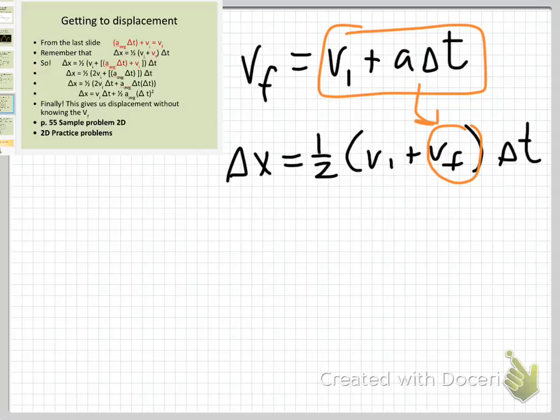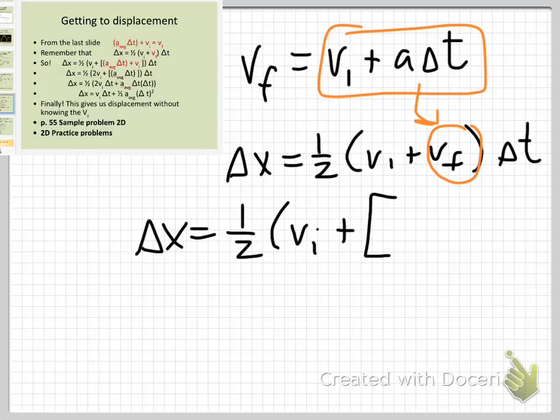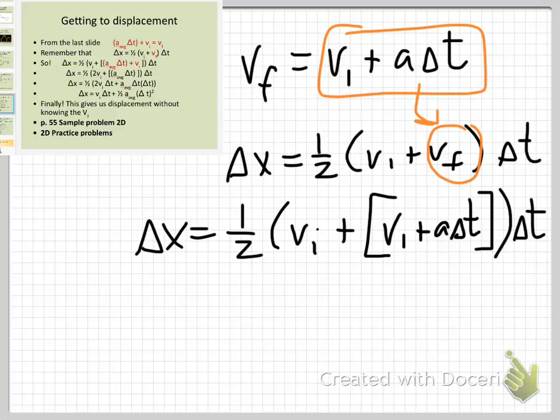And we do this a lot. This is a substitution and solve. When we get to chapter 3, we do pretty much nothing but substitution and solves, and that's the only way to solve 2-dimensional motion problems. So now we have to hang on tight for the algebra, VI plus, and I usually use both brackets and parentheses just to keep myself sort of halfway straight. And I'm going to distribute the 1/2, and I'm going to distribute the delta t.